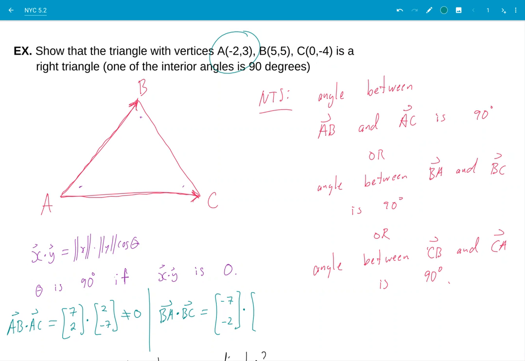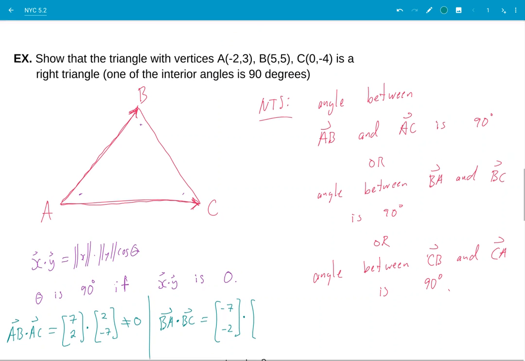BC, to find BC, I take C, subtract B, and I get negative 5, oh boy, and then negative 9.